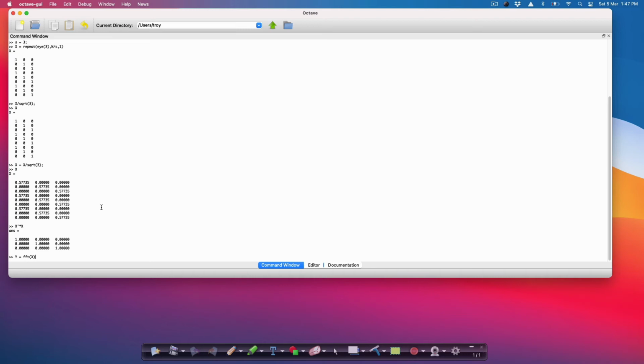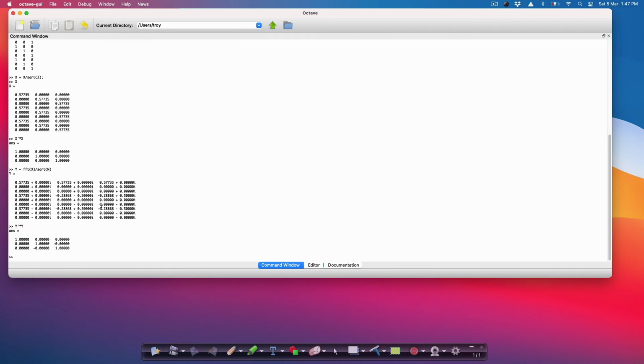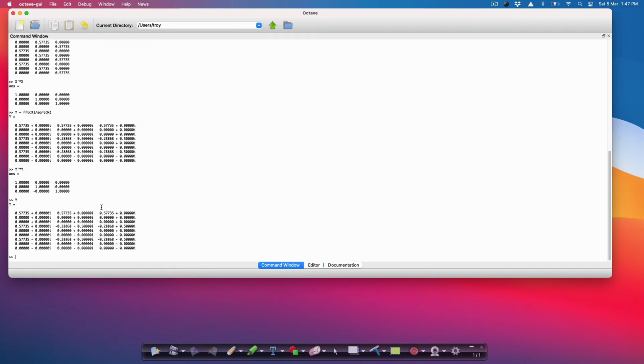Octave uses a slightly different normalization than we do, so I think we should divide by square root of n here to get unit vectors. Let's just check that indeed we have unit vectors. Good. So let's look at y.